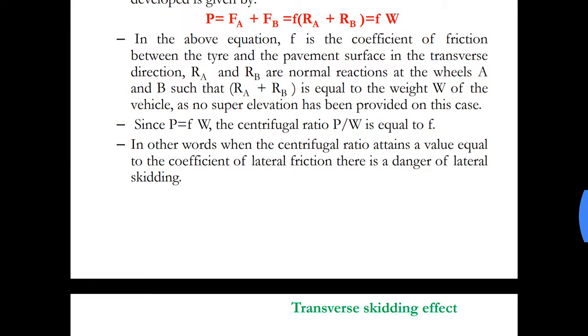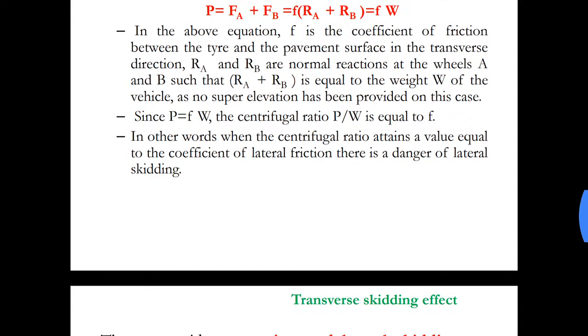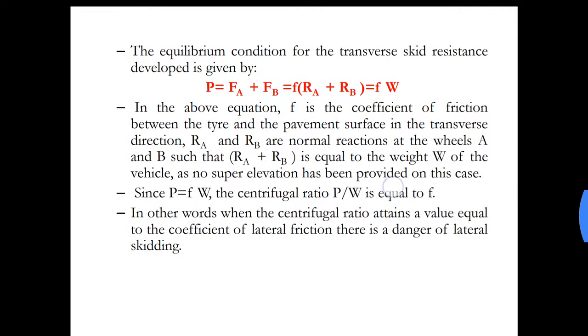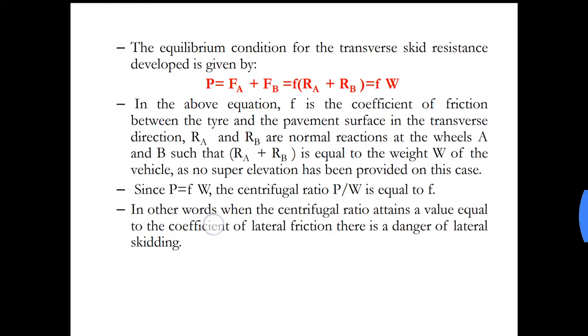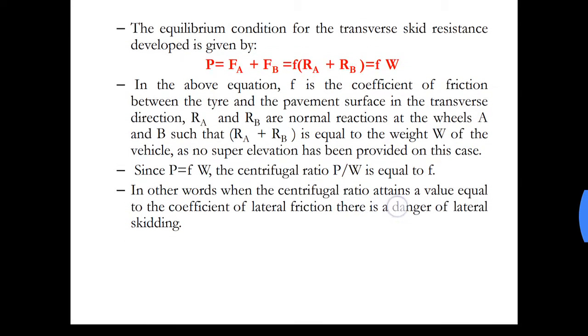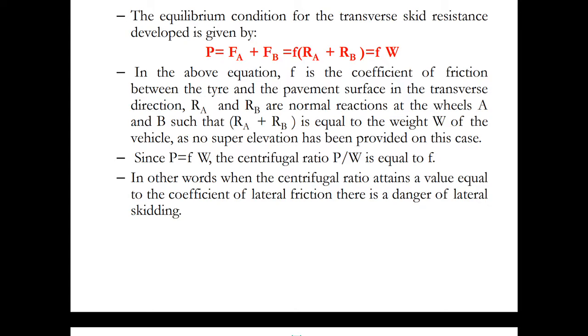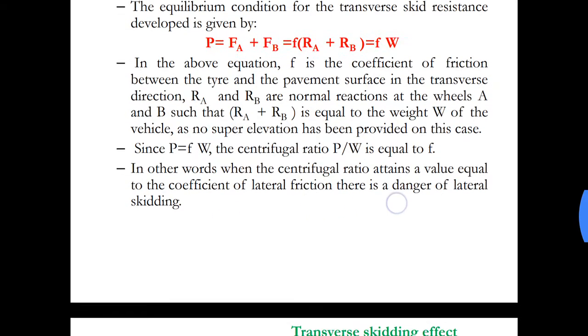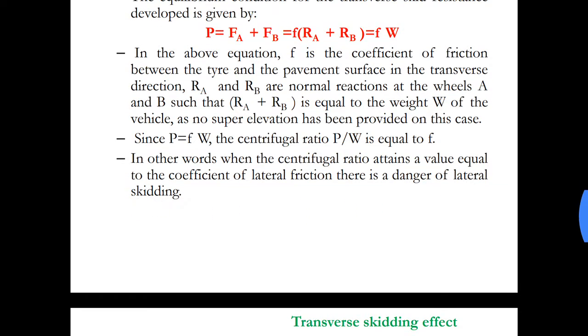Now, whenever the value of P by W exceeds the value of f, then there is a chance of transverse skidding. In other words, when the centrifugal ratio attains a value equal to the coefficient of lateral friction, there is a danger of lateral skidding.